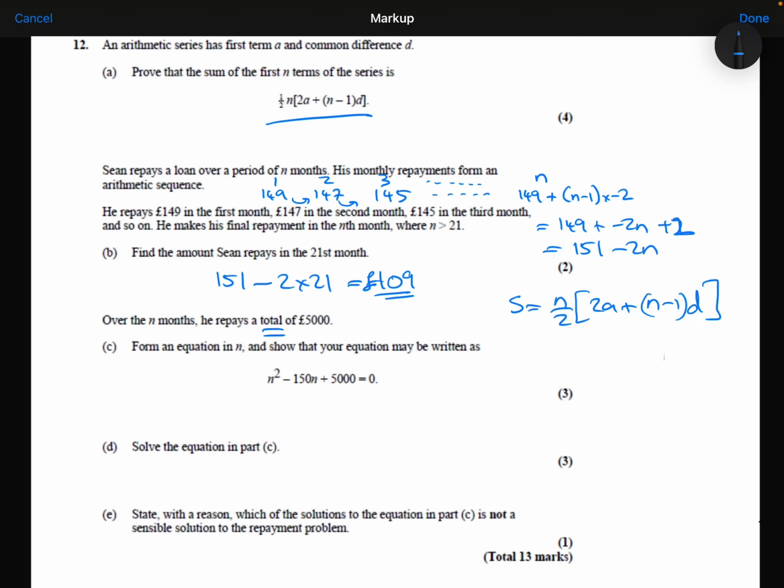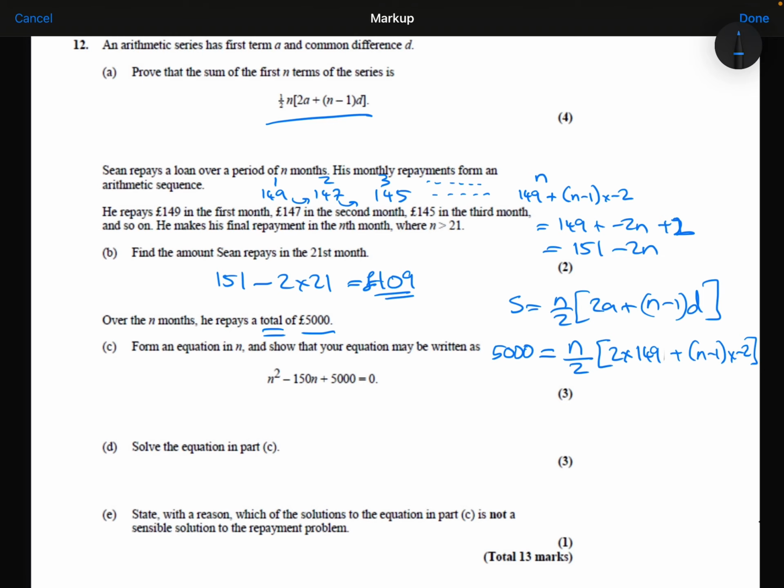We're told that he paid a total of £5,000. So that's the sum, the total, 5,000, is equal to n over 2 times 2 times 149, that's what he paid in the first month, plus n minus 1 times minus 2, the common difference.